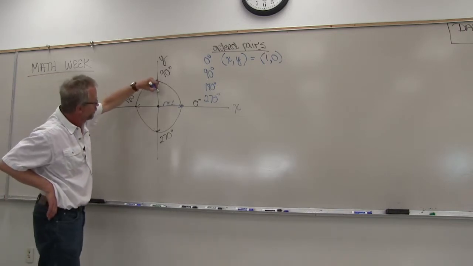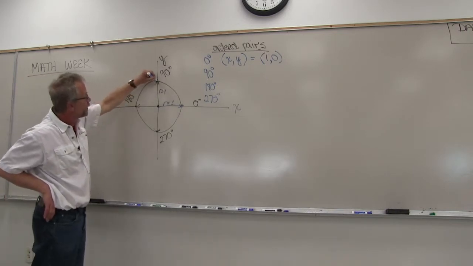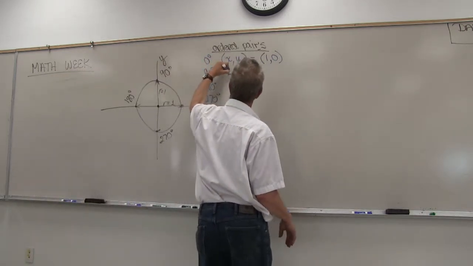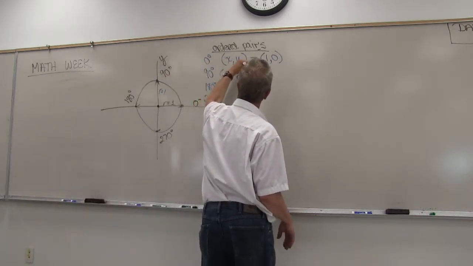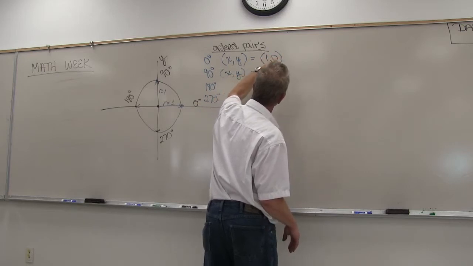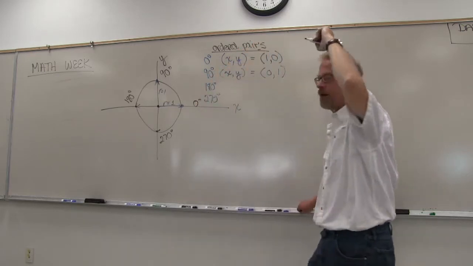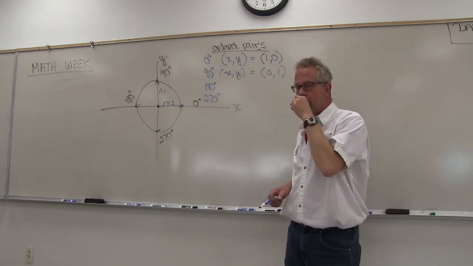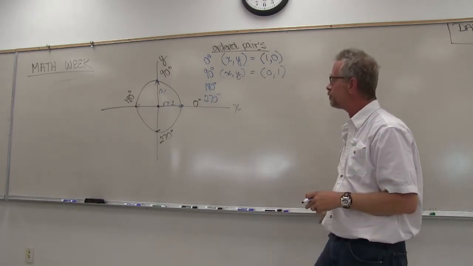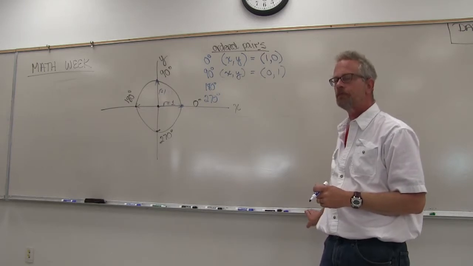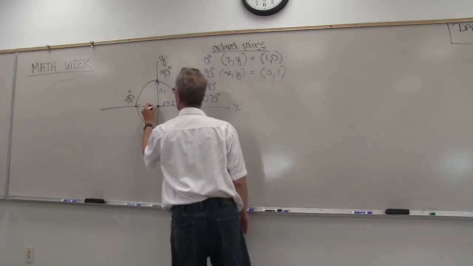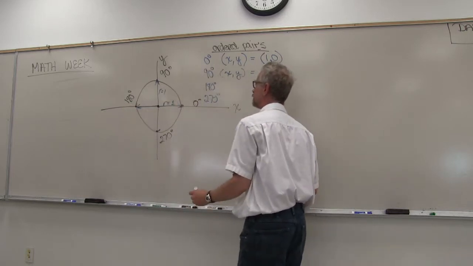At 90 degrees with a radius of 1, we're pointed straight up. Looks like 0, comma 1 to me. Yes? What about 180 degrees? -1, 0.